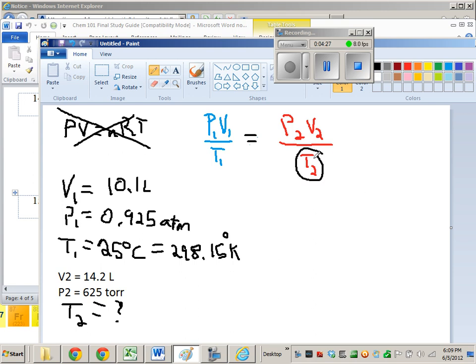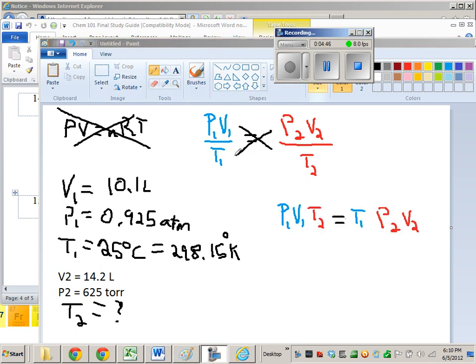So if I want to solve for this final temperature, I'm going to multiply both sides of this equation by T2. If you want to do it by cross multiplying, you can. It's kind of a roundabout way to go at it, but why not?